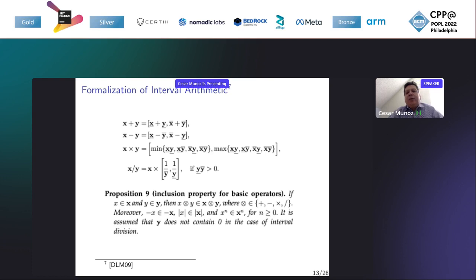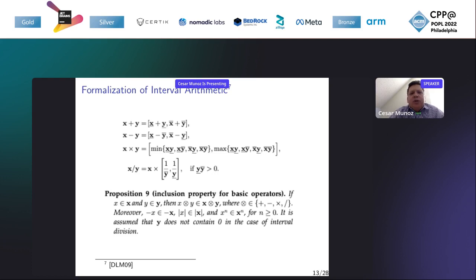And then we define strategies in PVS that use this interval arithmetic in order to prove properties like the one that you see there.